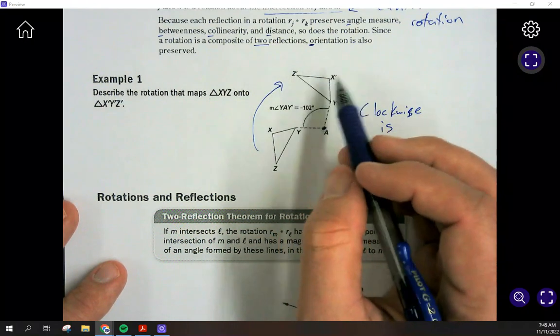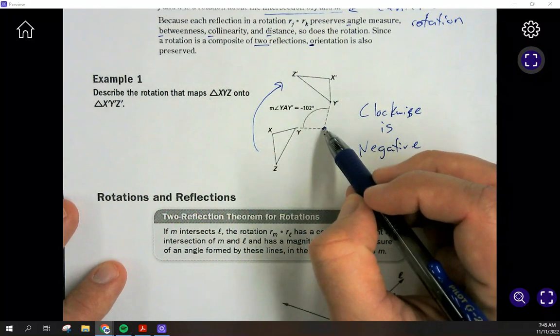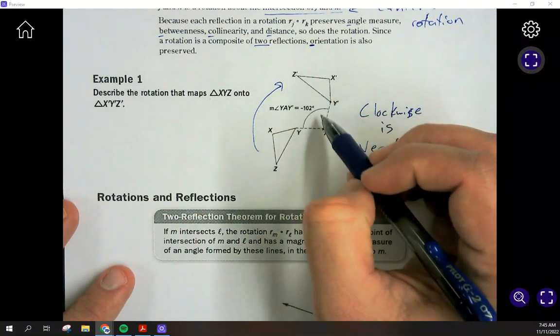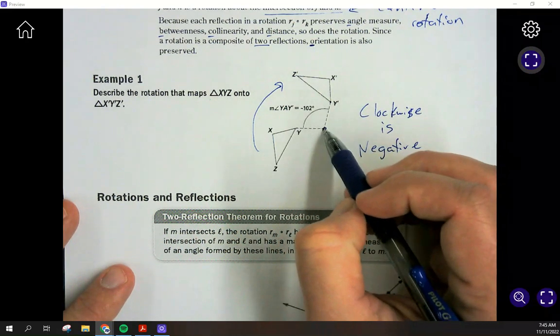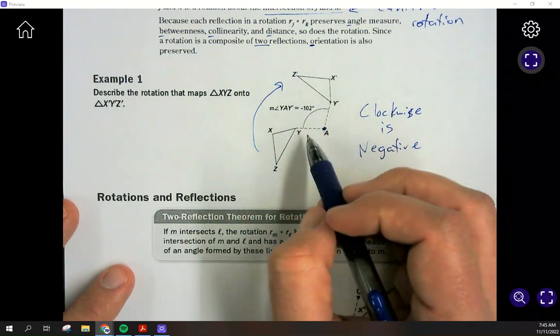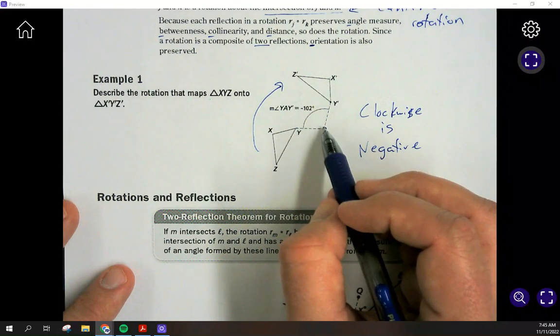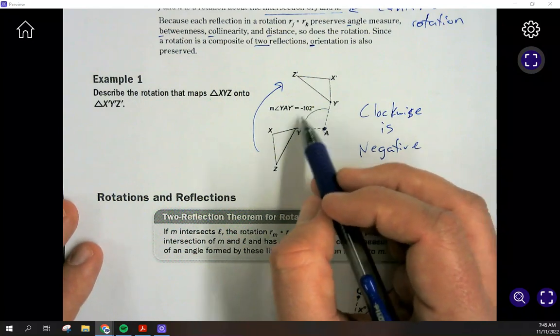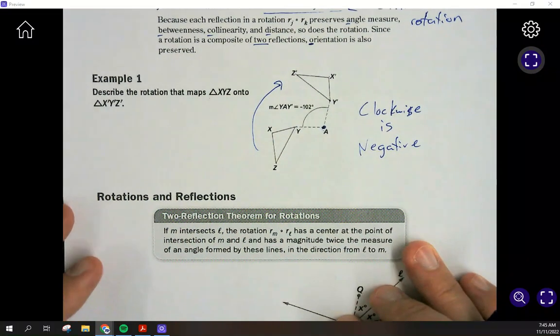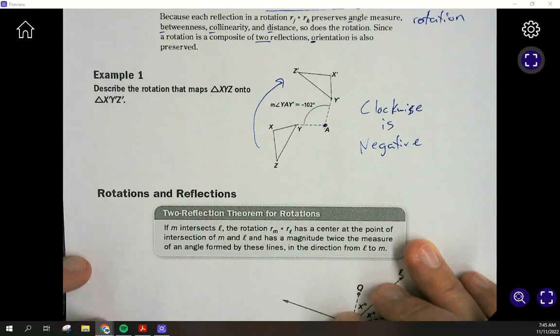It would be true for any of these points. If I went from Z to A, and then from the image of Z to A and measured that, it would also be 102 degrees. X to A to the image of X would also be 102 degrees. So a line was drawn from Y to A to the image of Y, and that measurement is 102 degrees, and that's how we measure a rotation. Okay, that's just a quick review of rotations.